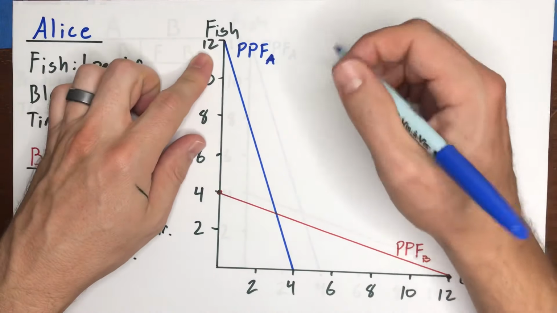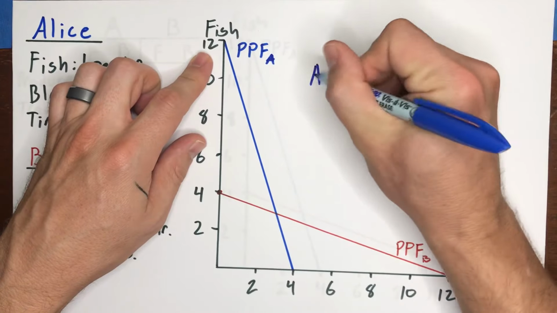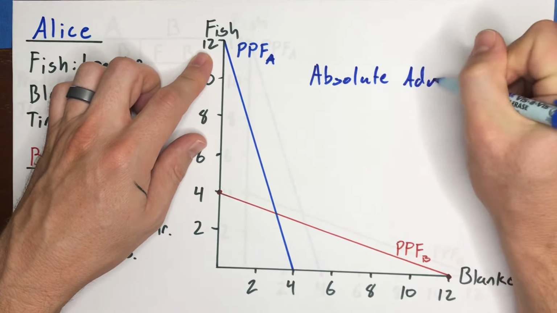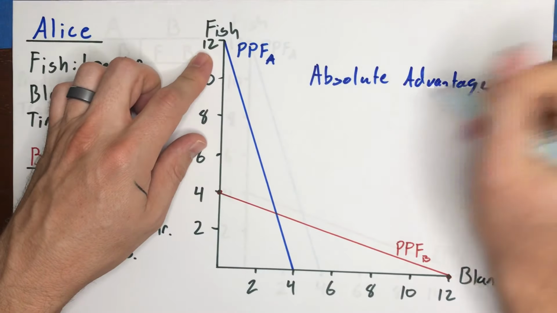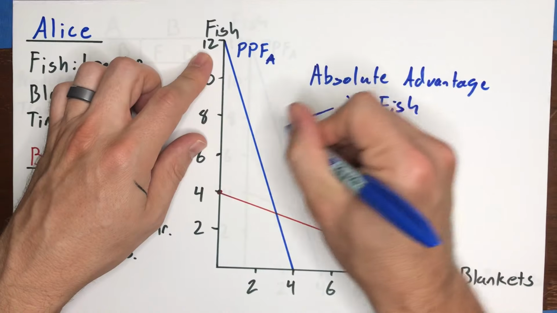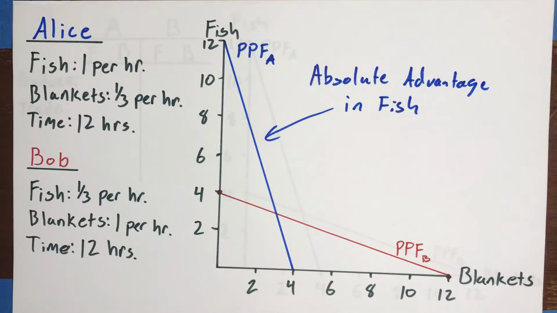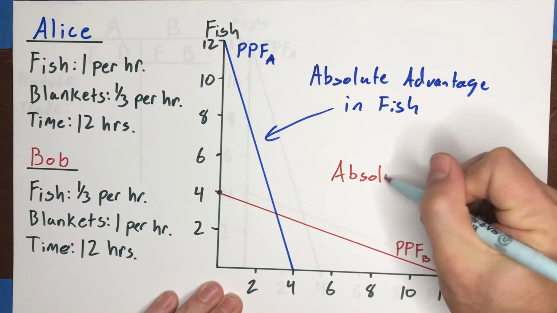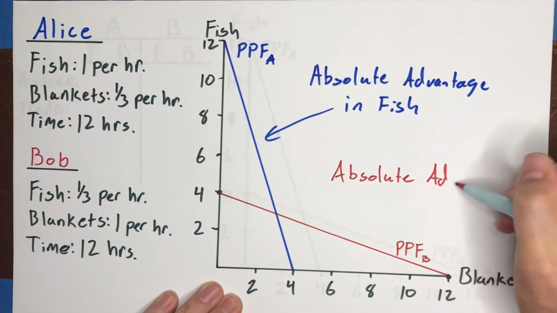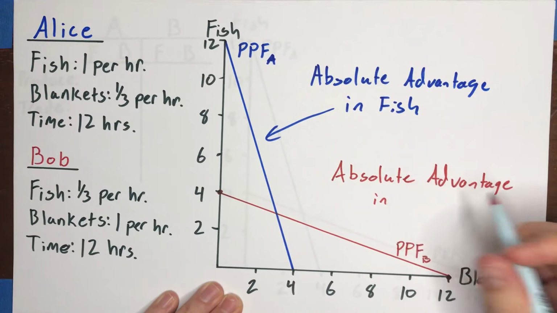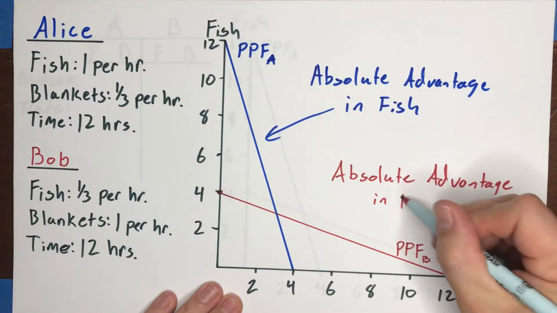All right? And in this case, Alice has an absolute advantage in fish, whereas Bob has an absolute advantage in weaving blankets.